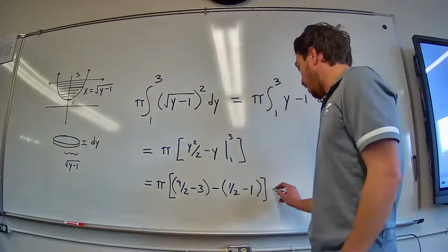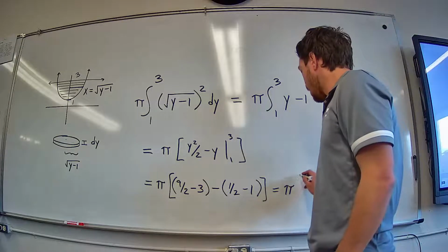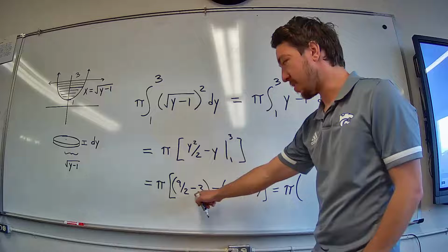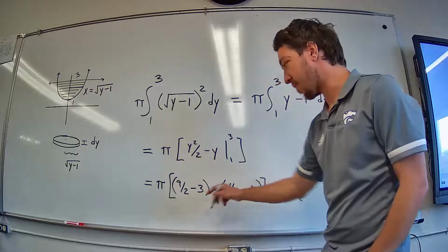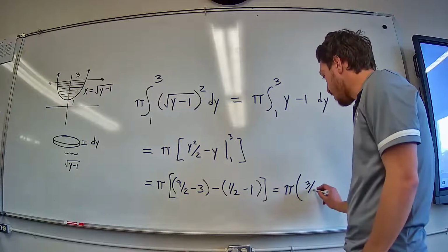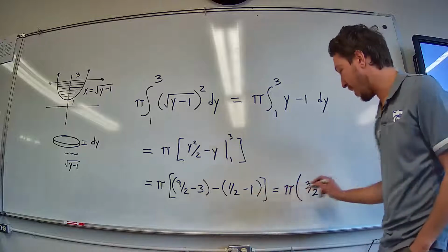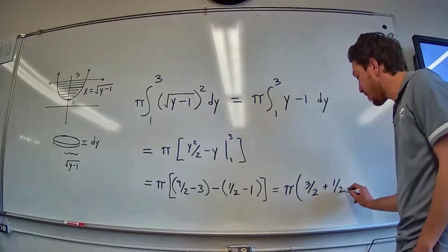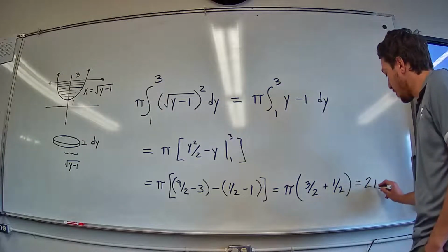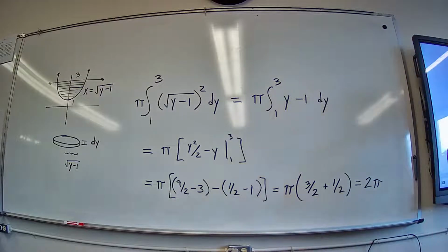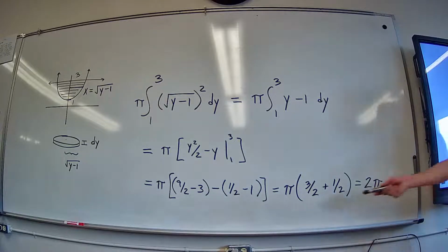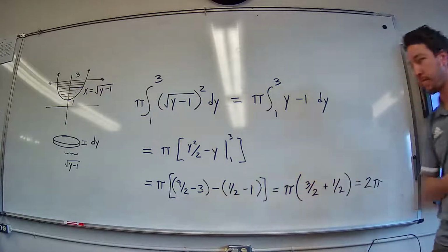This is 9 halves minus 6 halves, which is 3 halves. And this is negative a half, so really we're adding a half. So it's 2 pi. We feel okay about that calculation? That all makes sense?